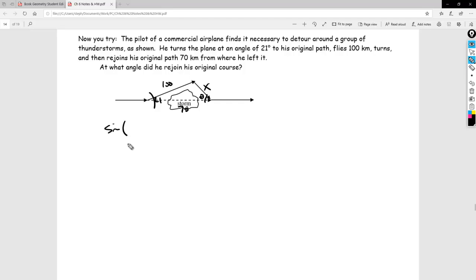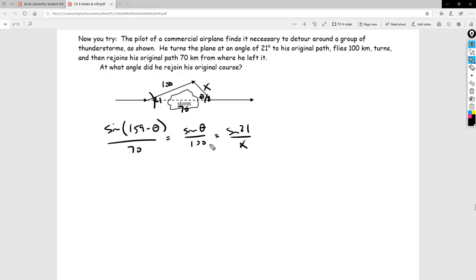So in this case, my angle here, I just subtract from 180. So 180 minus 21 minus theta. So 159 minus theta is to 70, as sine of theta is to 100, the sine of 21 is to x. Right, so I have too many variables here. I can't solve this equation out.